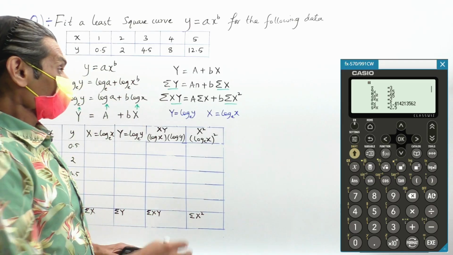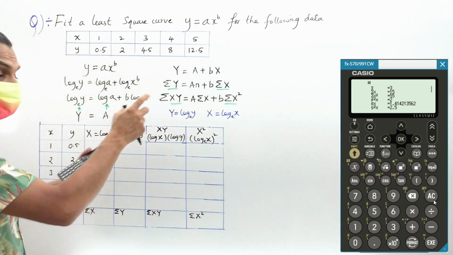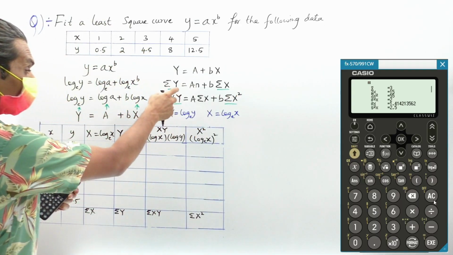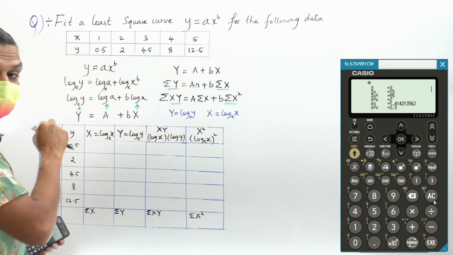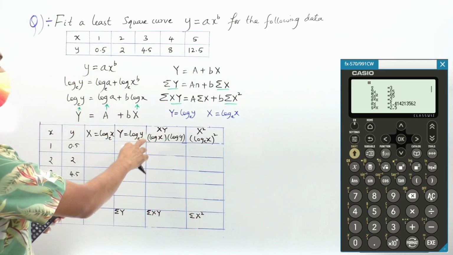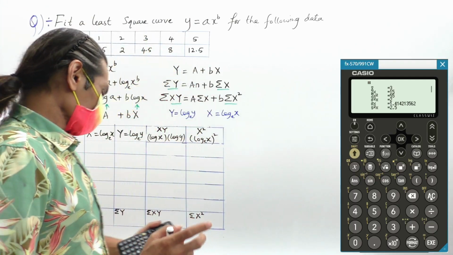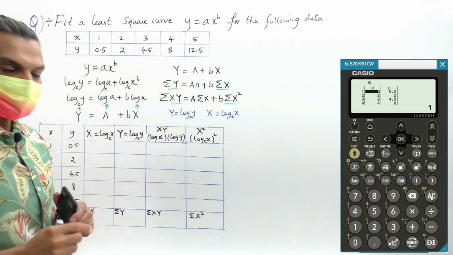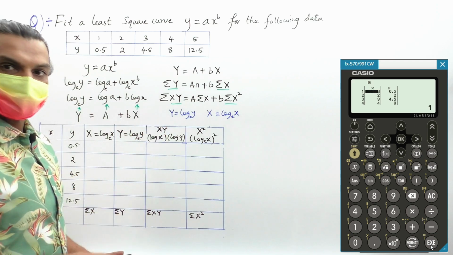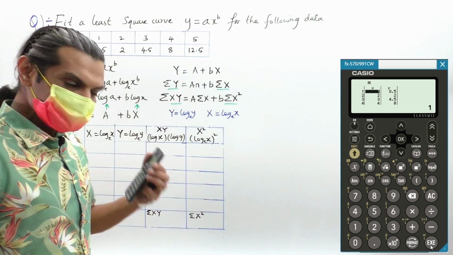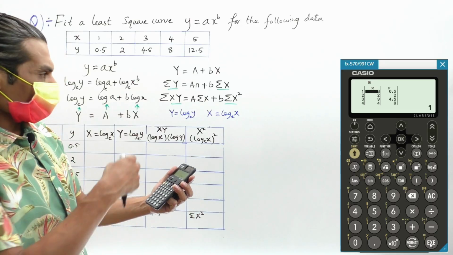But since we are changing here, we are finding the regression values for capital X, capital Y, where capital X is log of small x to the base e and capital Y is log of small y to the base e. That means we have to input these values manually and get the summation manually. Only the final answer, that is the value of a and b, we can get here, but we should do it manually.